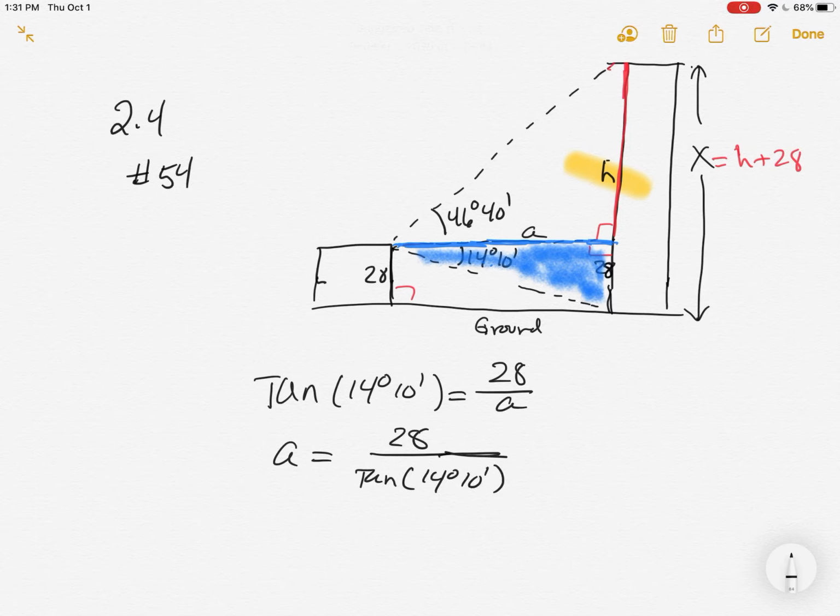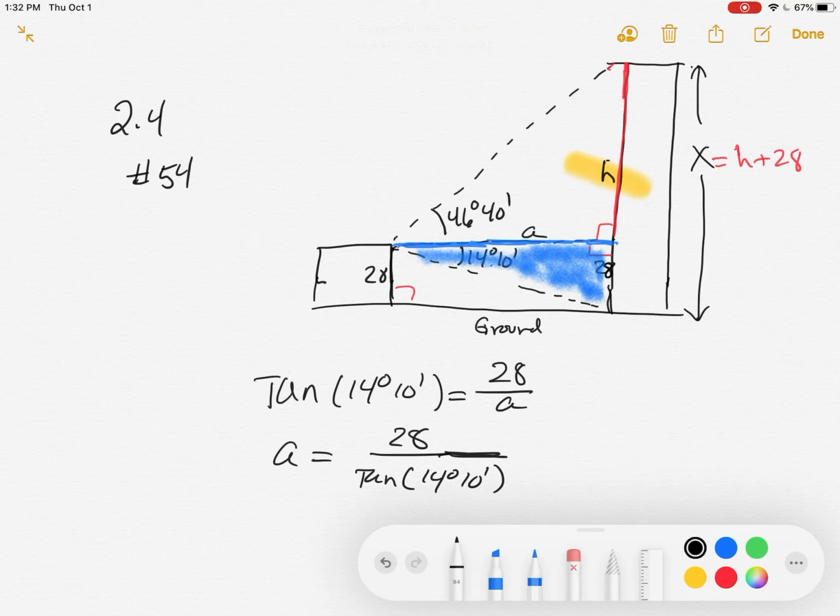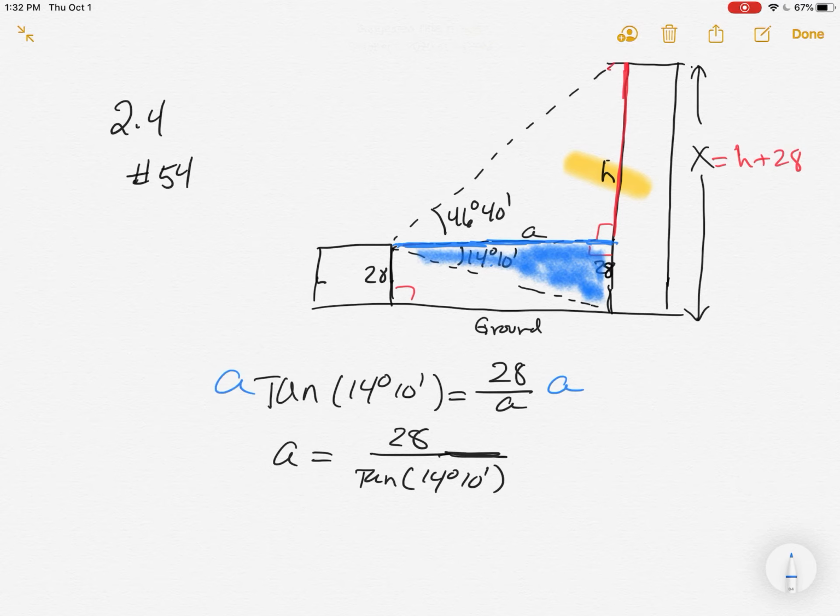Now, somebody made the comment that I skip a lot of steps. I skip the steps that I think are self-explanatory. Essentially all that happened is I multiplied both sides by A. Realizing that I wanted to solve for A, I would have to divide by the tangent of 14 degrees 10 minutes.